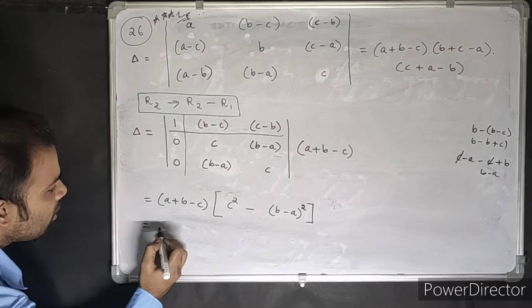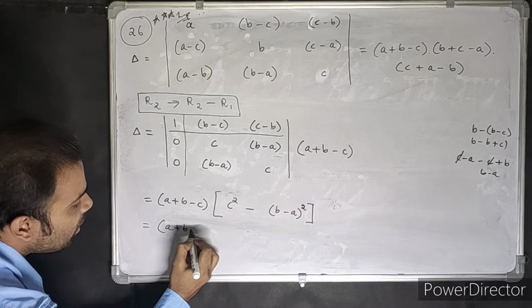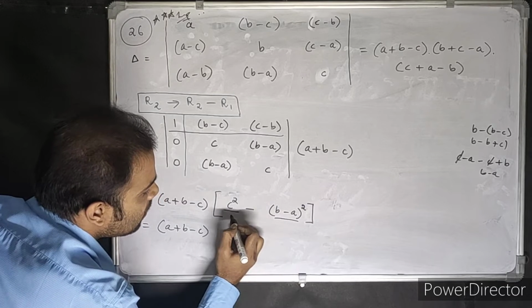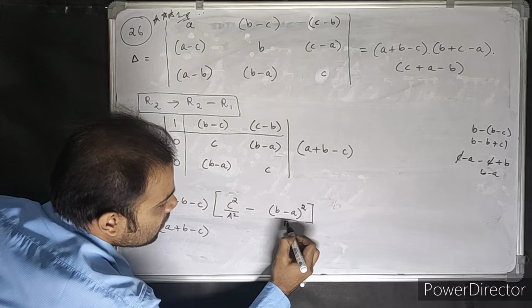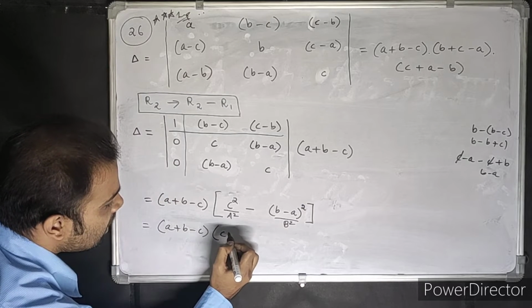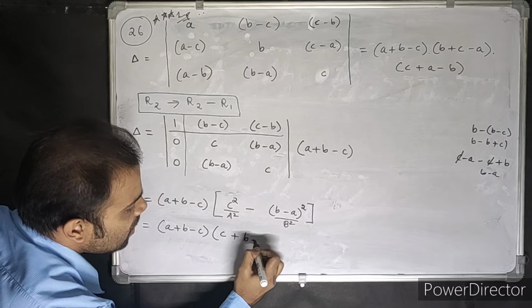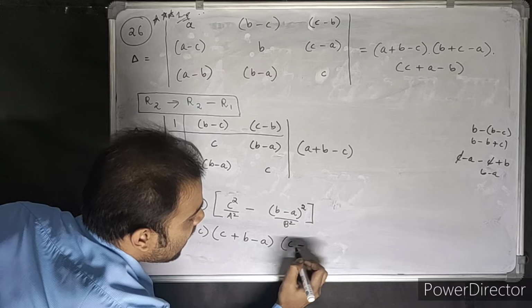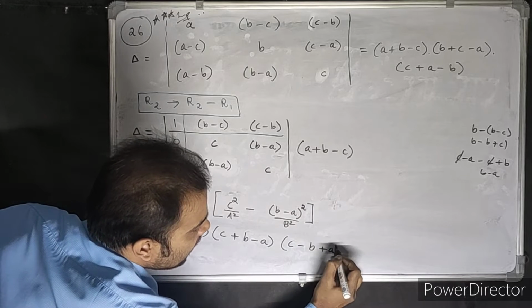So from here, what can we do? We can write this a plus b minus c. Look at this. This is a square. This whole thing is b square. This is a square. And this is b square. So what's the formula? It is a plus b, that is c plus b minus a and a minus b. So c minus b plus a.